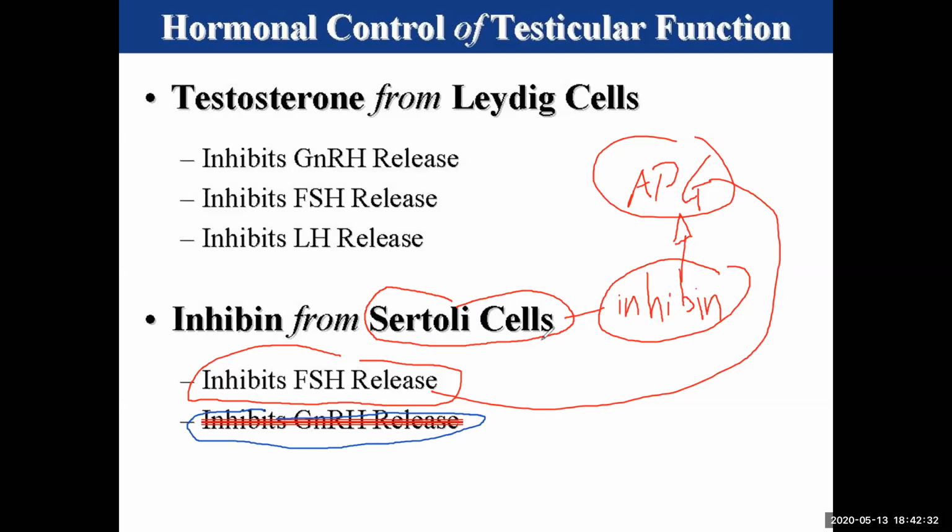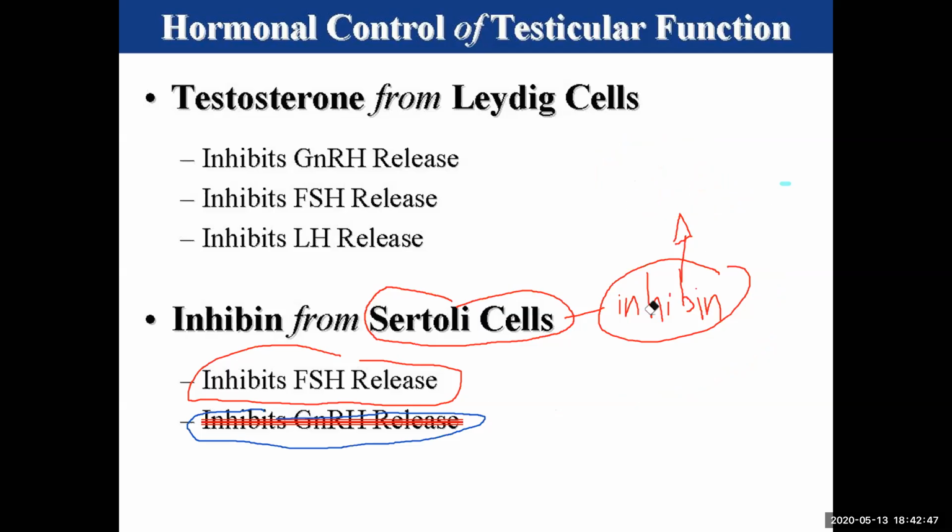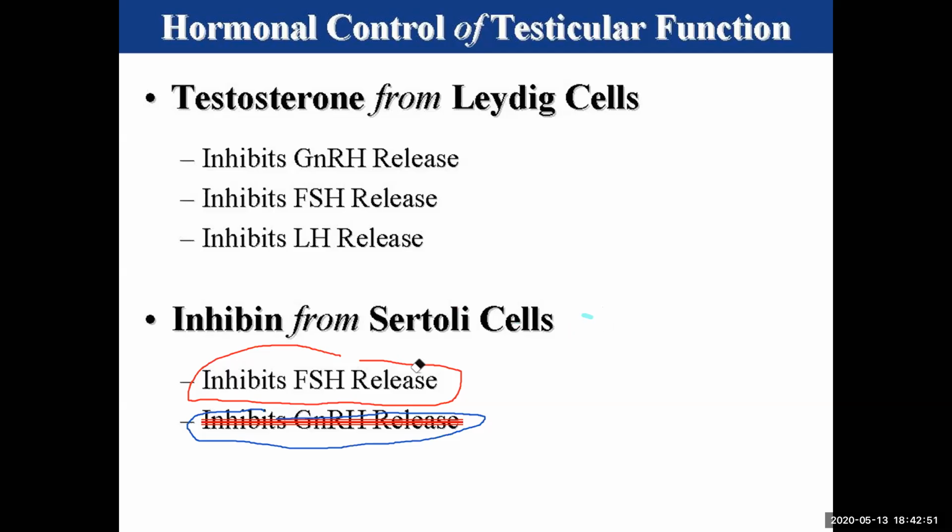Inhibin does not go to the hypothalamus, does not influence hypothalamic release of GnRH. Okay, and then on the next slide, it shows you that picture that I just referred to, because you can use the book when I'm talking about this slide.